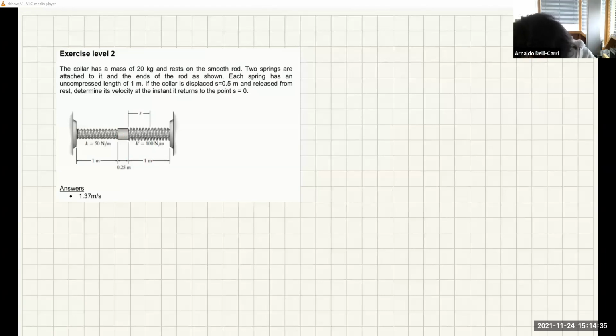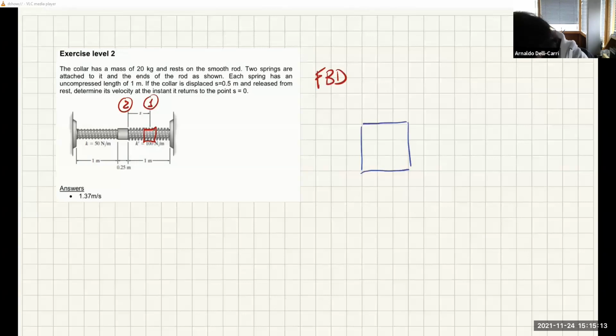So we have that now instant 1 is this instant here when the collar is in this position here, and instant 2 is this one where the collar returns, springs back into position. So let's apply the principle of work and energy, but first let's do the free body diagram, of course, of the collar. So this is the collar, and of course it feels 2 forces.